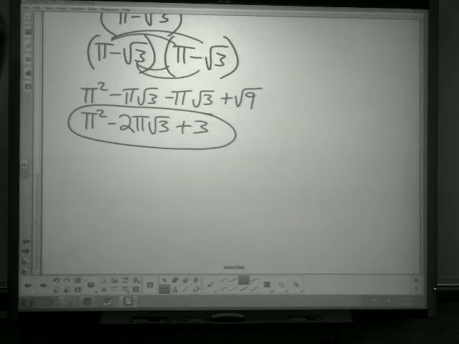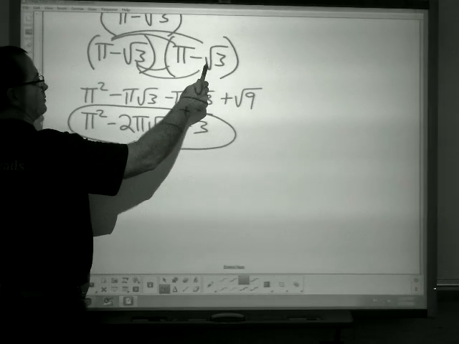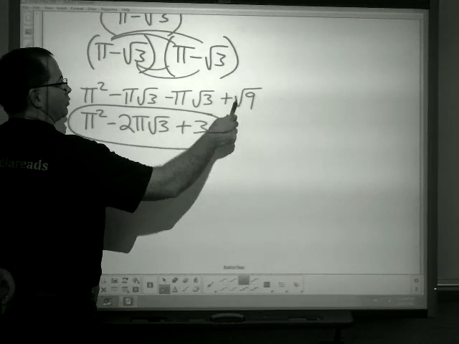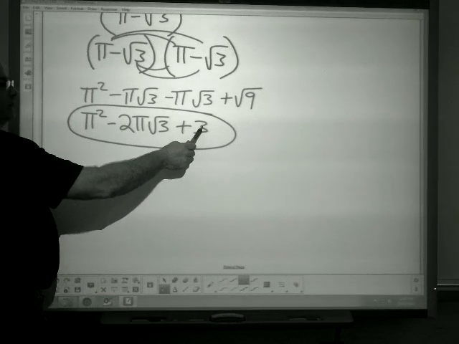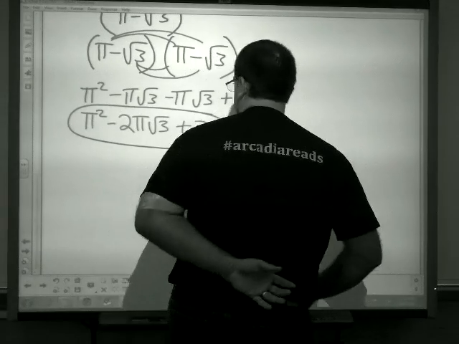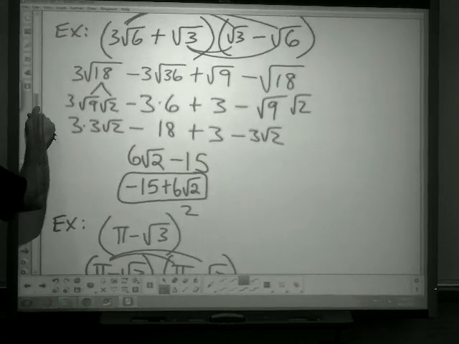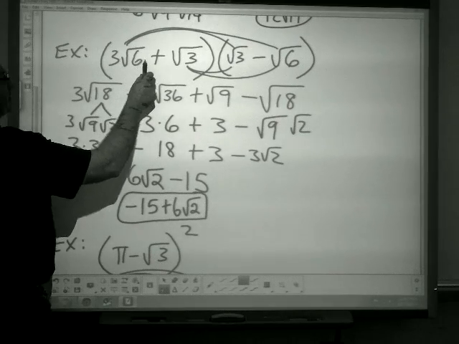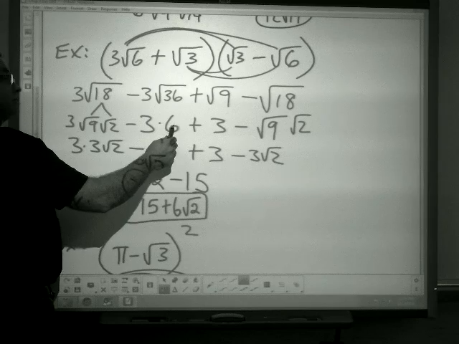Now, something happened last problem and this problem, and I want to make sure you caught it. Square root of 3 times the square root of 3 was the square root of 9, which really turned out to be 3. Notice how that 3 is the same number on the inside. Let's see what happened last problem. Square root of 6 times square root of 6 was the square root of 36, which was just 6.